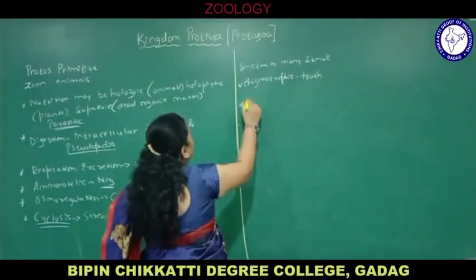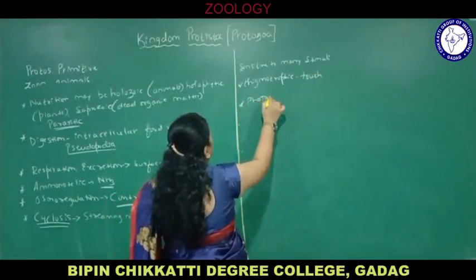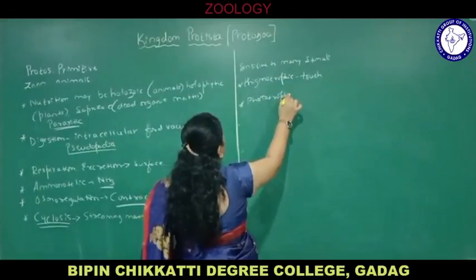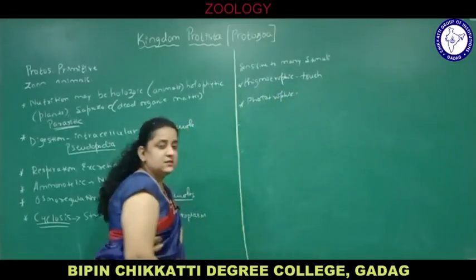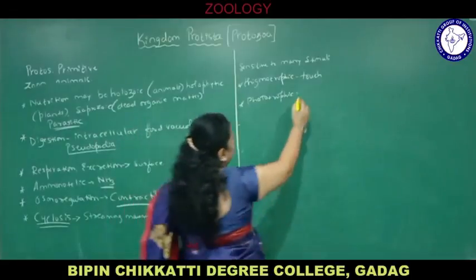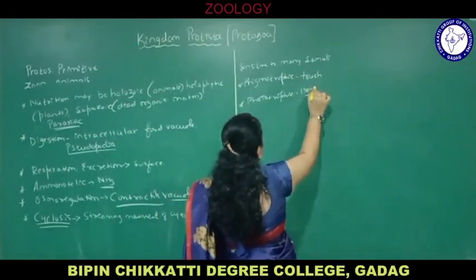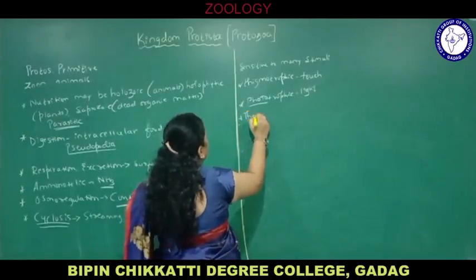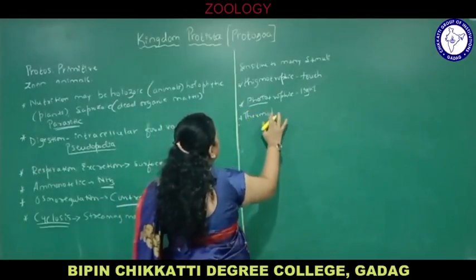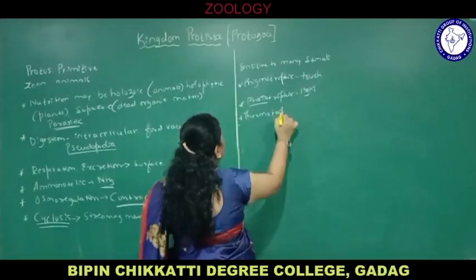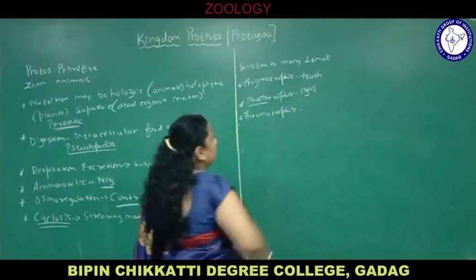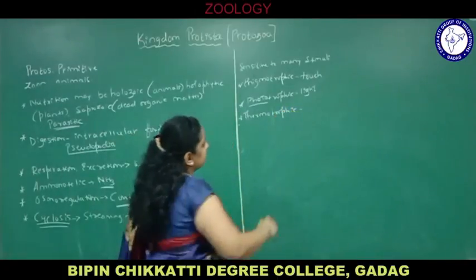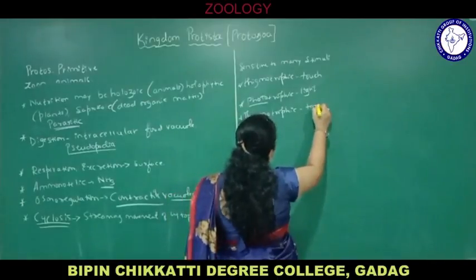Second one, phototrophic. Phototrophic means organisms are sensitive to light. Photo means light. Next, thermotrophic. Thermo means temperature. They are sensitive to temperature.